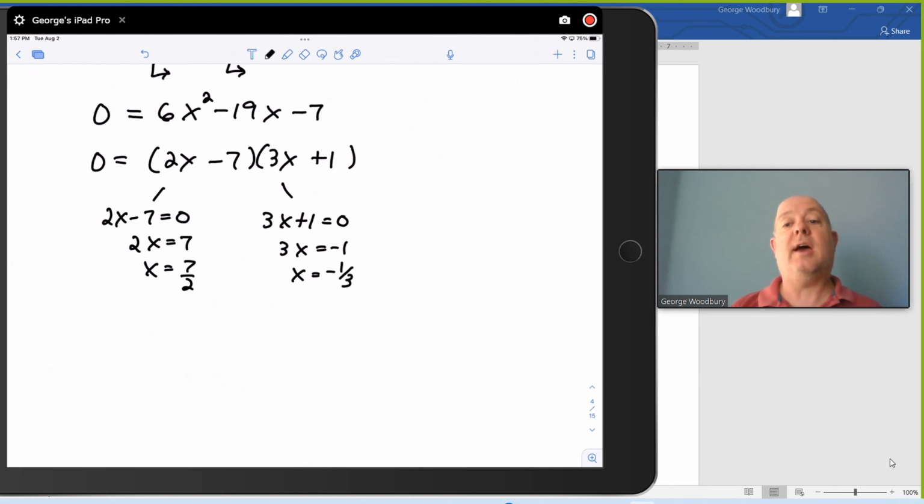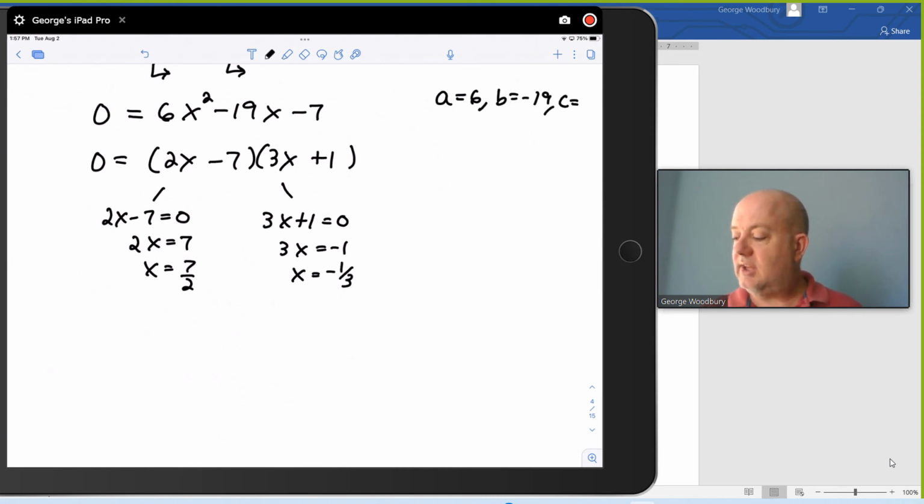Now let's take a look at what would happen with the quadratic formula. In the quadratic formula, we've got a is 6, b is negative 19, and c is negative 7. A quick reminder, the quadratic formula: x equals the opposite of b plus or minus the square root of b squared minus 4ac, over 2a.